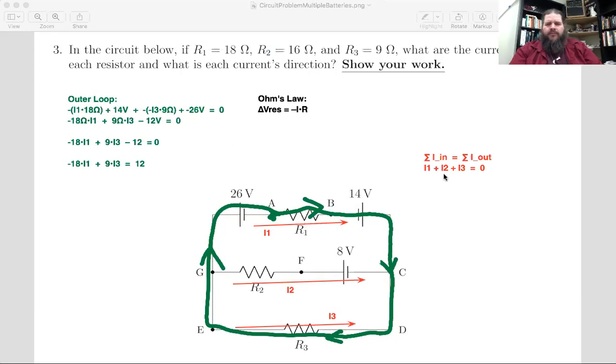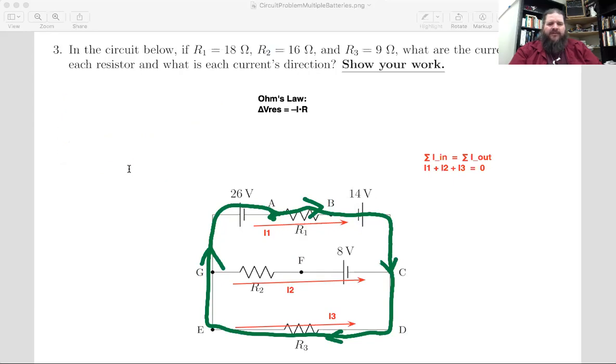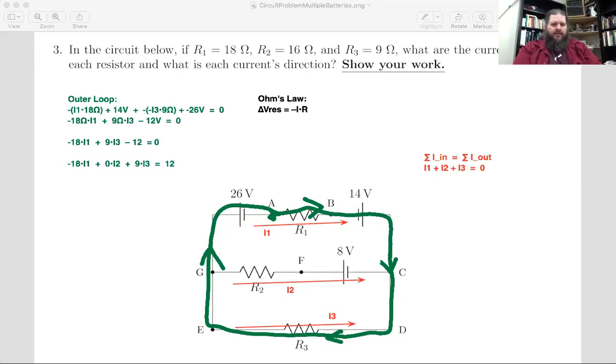And also, the first equation we had included I1, I2, and I3. How much I2 do we have in this equation? 0. Right. So I find it useful, just as a placeholder, to also include plus 0 times I2.